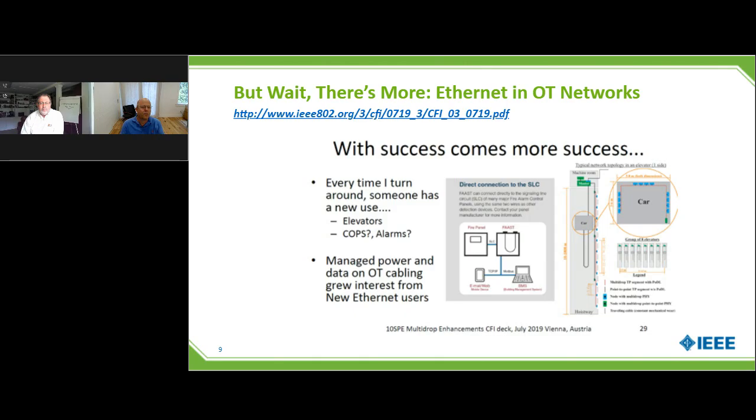And so we have a new project, 802.3DA, which has just been started and is still looking for a lot of input, which is looking at extending the capabilities of the 10 megabit multi-drop work that went on in 802.3cg, so that we can fit better into some of these building automation and other what we call operational technology networks.